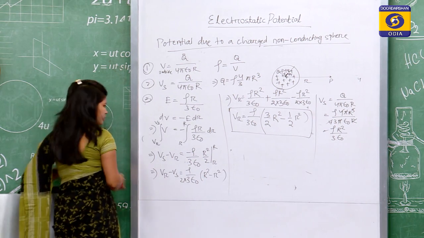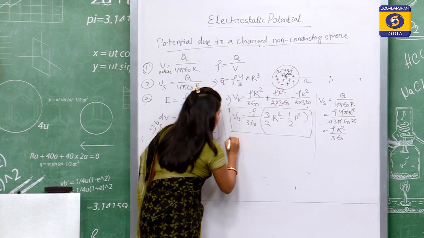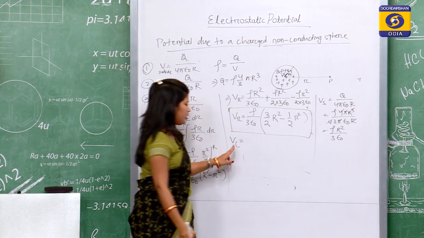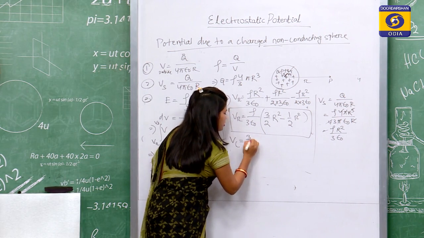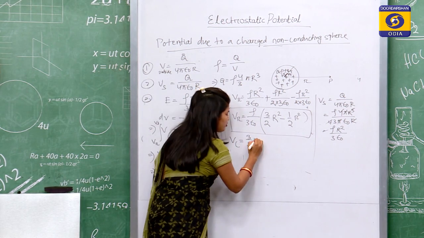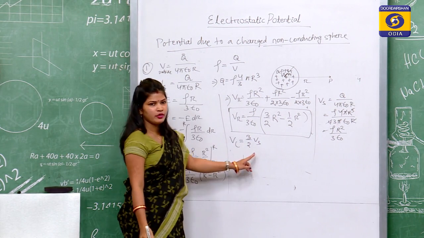So, I could make a graph here. If I go to the center, then we see that the potential V at the center is 3 by 2 times, that is 1.5 times the potential on the surface.